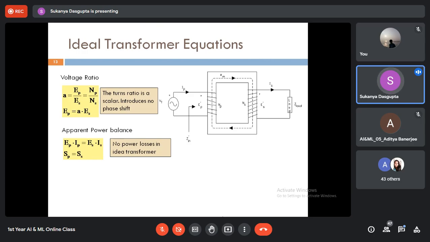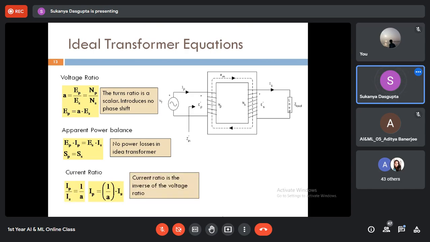So EP times IP, the total volt ampere at the primary side, must be balanced by the total volt ampere at the secondary side, right? So power must be balanced at both sides of the transformer. So SP must be equal to SS. The primary winding power must be exactly equal to the secondary winding power.